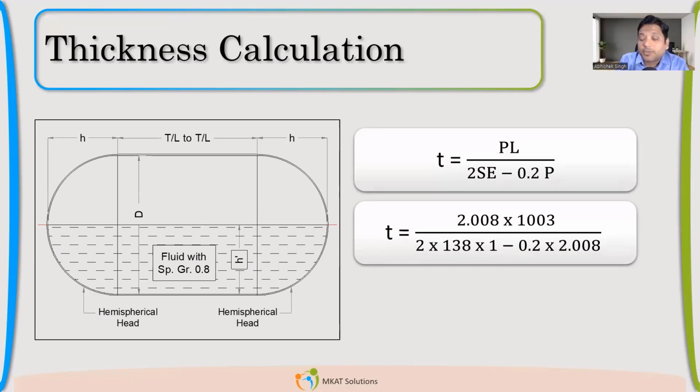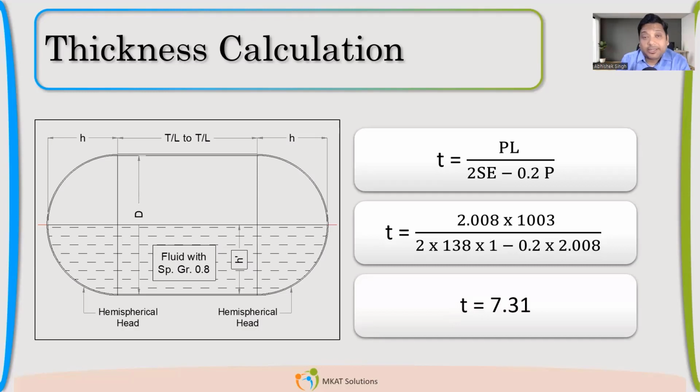Remember that, we have removed corrosion allowance, and because of removing corrosion allowance, your radius will increase, and that is the reason it's 1003. Rest of the things you know, 2SE minus 0.2 times P. The thickness which we get by using this calculation is 7.31 mm.